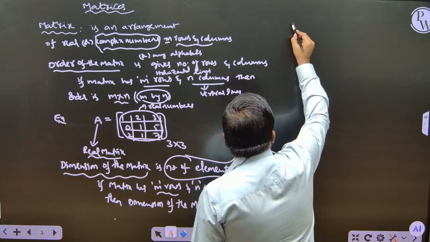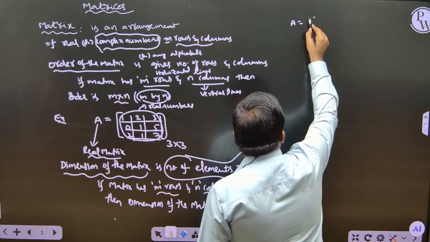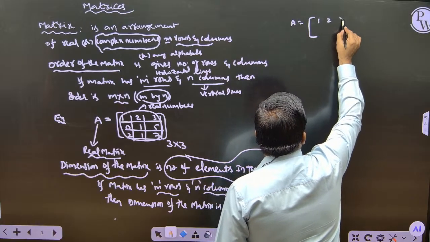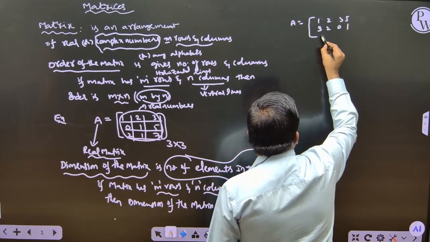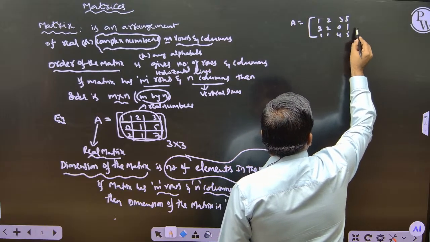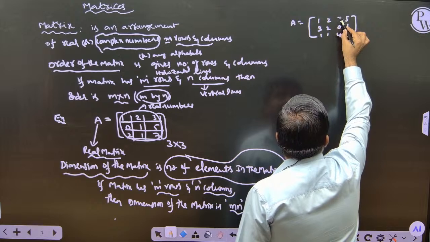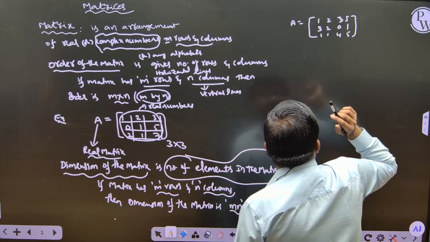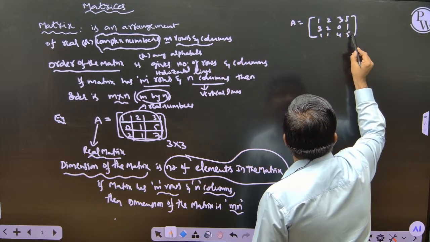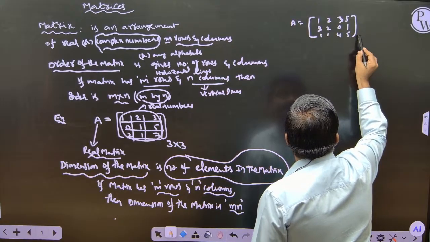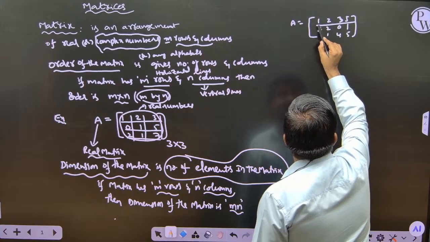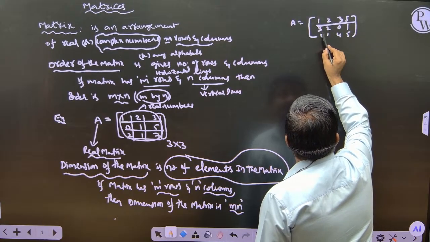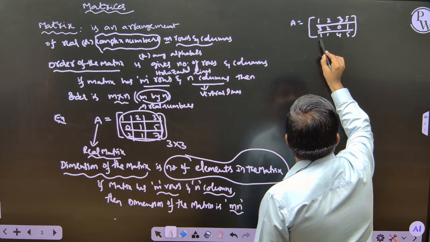So A is the matrix 1, 2, 3, 5, 3, 2, 0, 1, 1, 1, 4, 5. What is its order? First you write down the rows. Rows are horizontal lines.